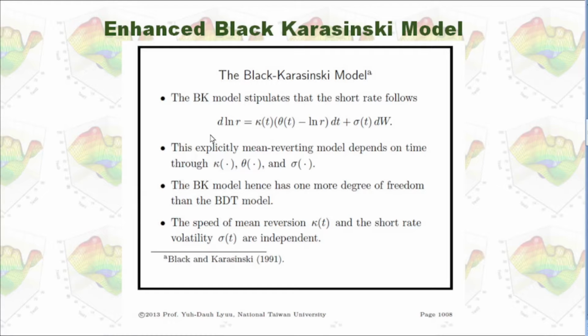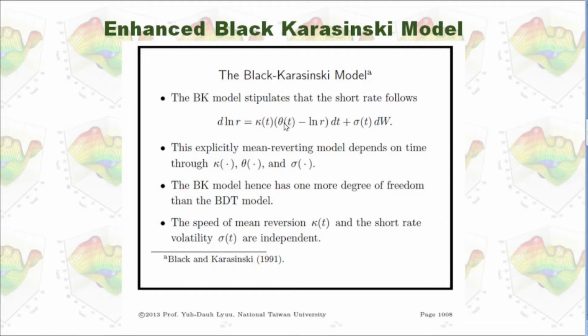You can see in this formula, this mean reverting model depends on time through kappa, theta, and sigma. The kappa here is the speed of mean reversion. The sigma is the short rate volatility.